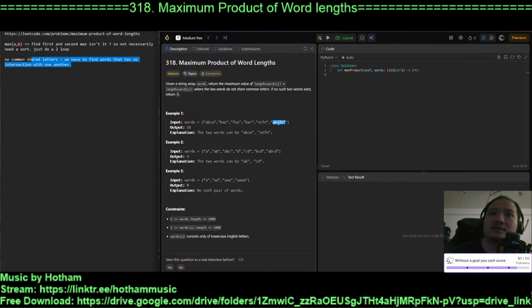So basically, we have to have some kind of index so that as we loop through these, we know where each character is. Okay?